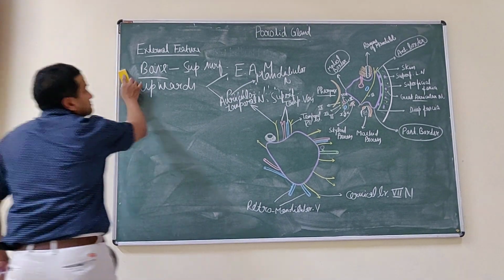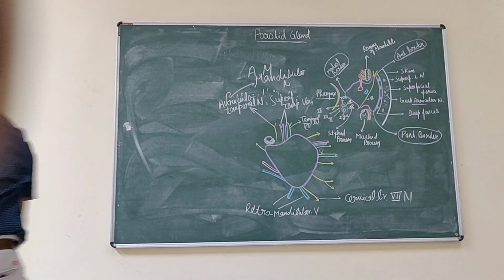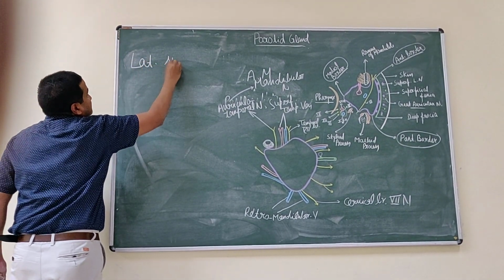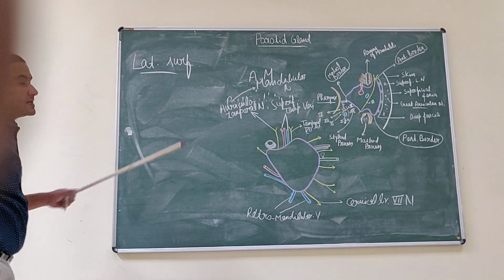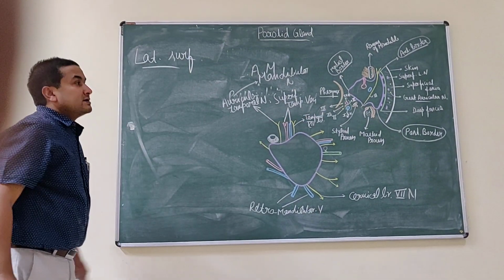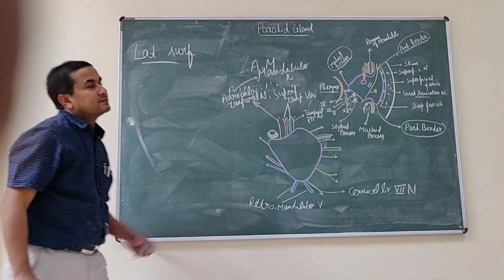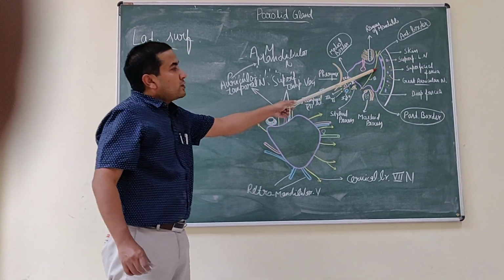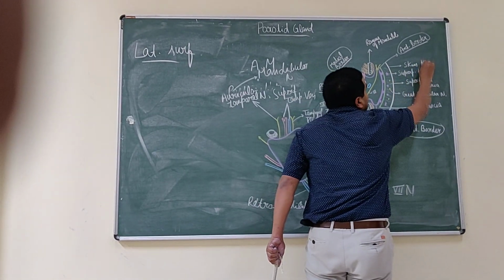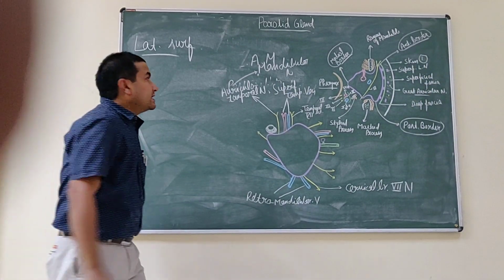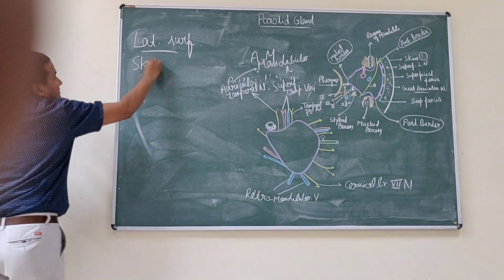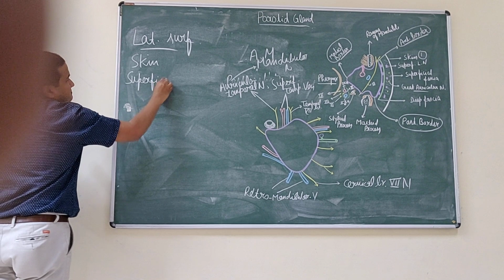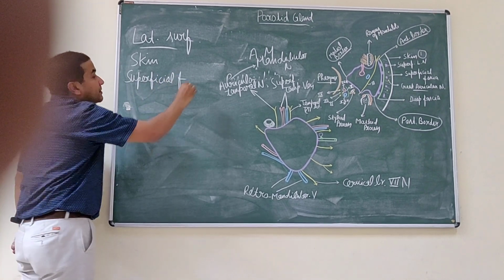Now the lateral surface. The lateral surface, it is in this diagram. The lateral surface is flat. This region is the lateral surface. From outwards to inwards, it is related with the skin, then the superficial fascia.